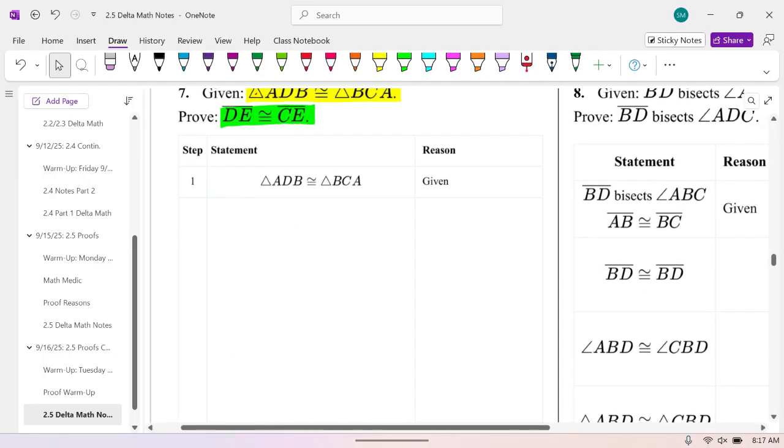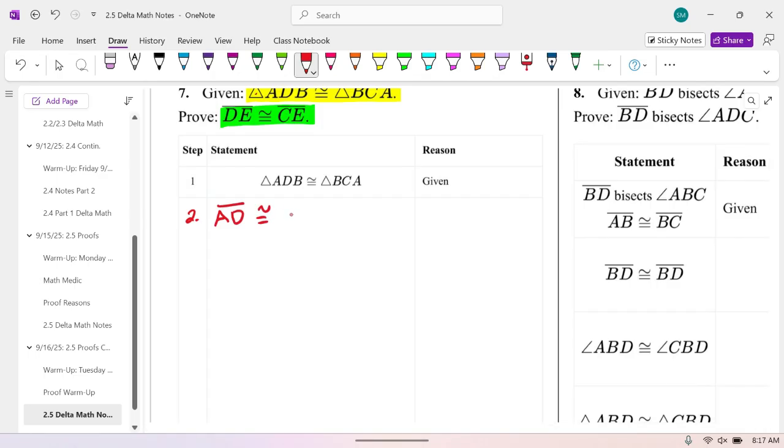So I would state that AD is congruent to BC, and that's by CPCTC. All right, so that's part of the two original congruent triangles, so they have to be congruent.